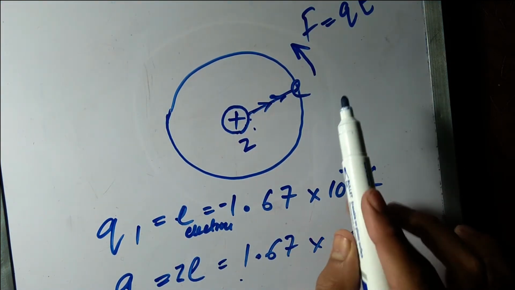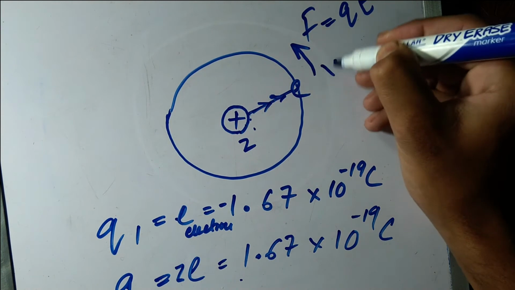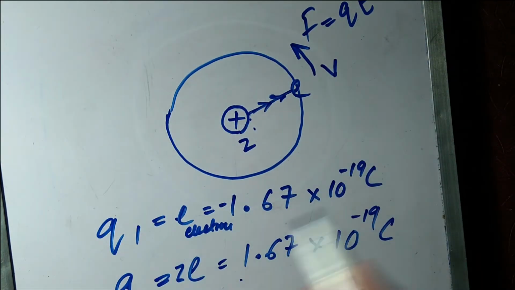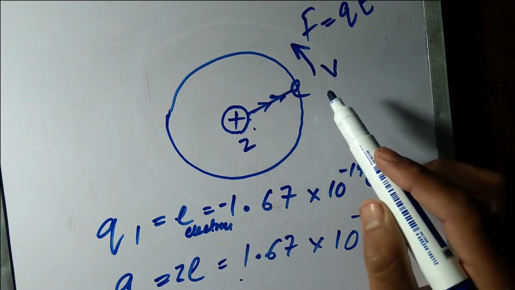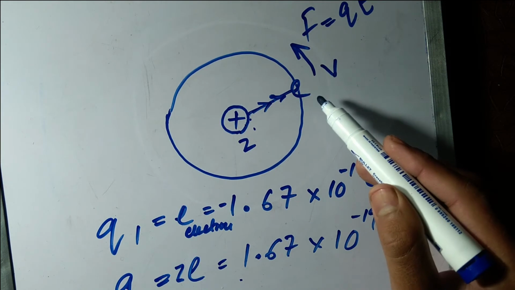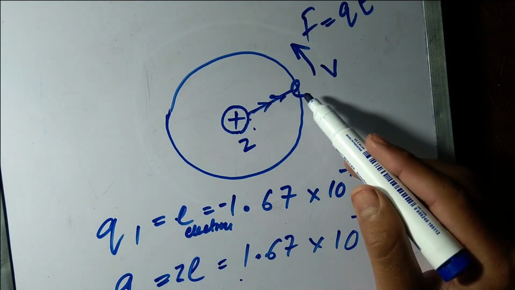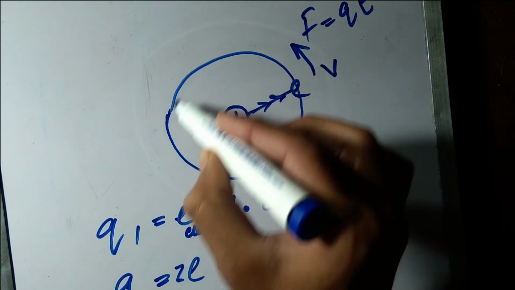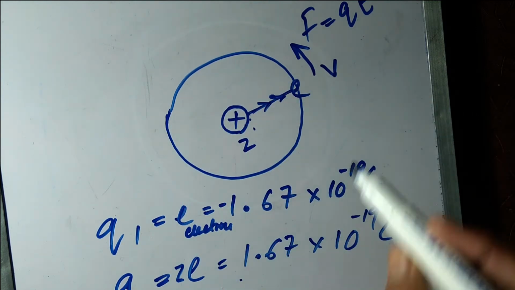For example, this electron has some velocity v, moving in this direction anti-clockwise, so this Coulomb force is providing the centripetal force to this electron, and this electron is revolving around this orbit.